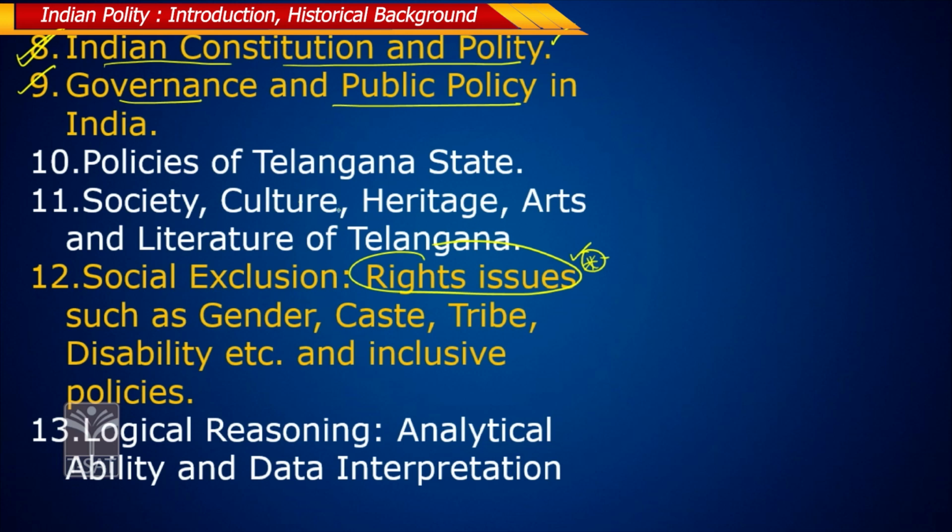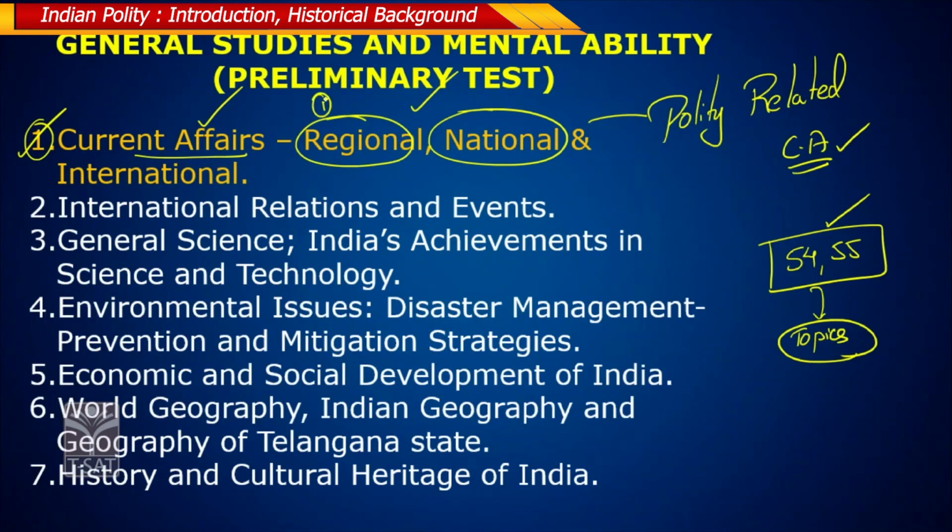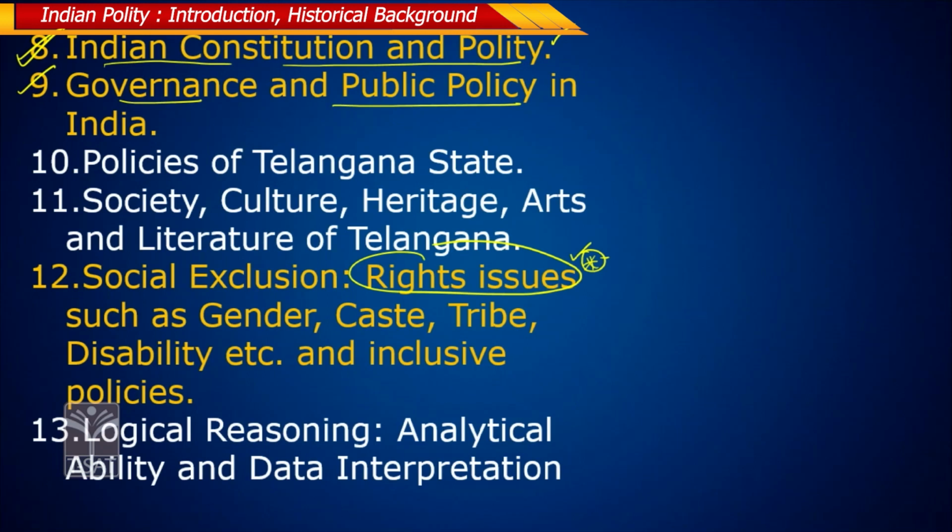We have topic number 1, topic number 2, topic number 3 and topic number 4. We have 4 direct topics from Indian polity and constitution which we are going to see in these sessions.